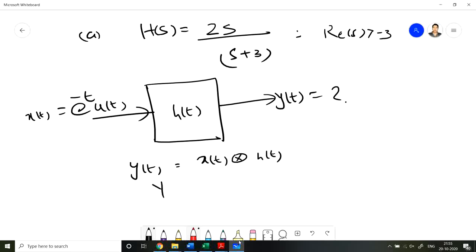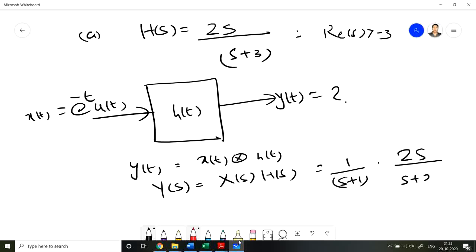Now if we take the Laplace transform, then Ys equals Xs multiplied by Hs. Xs is nothing but 1 divided by s plus 1. Please check. And Hs we found is equal to 2s divided by s plus 3.